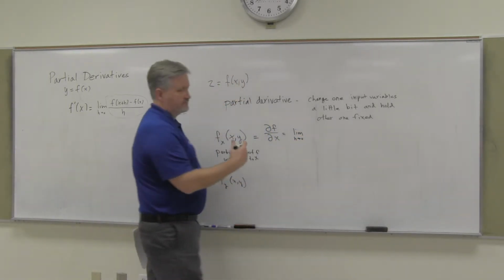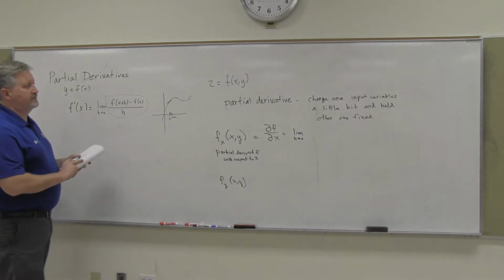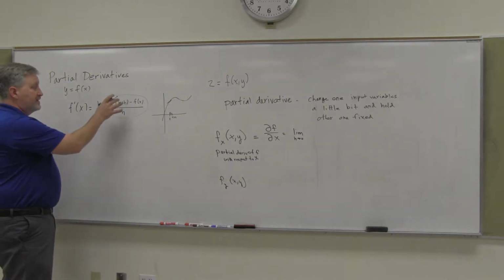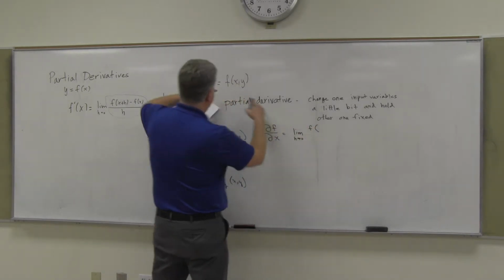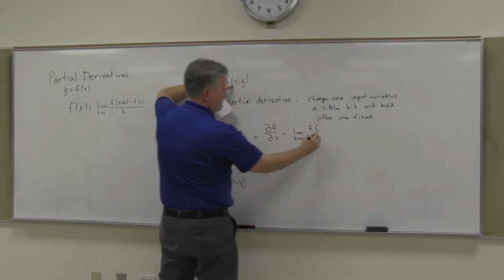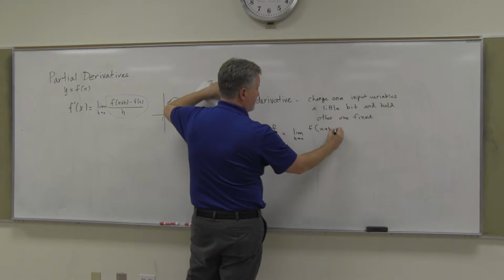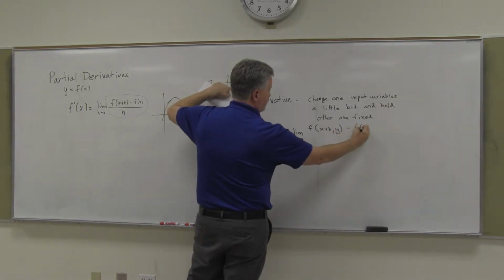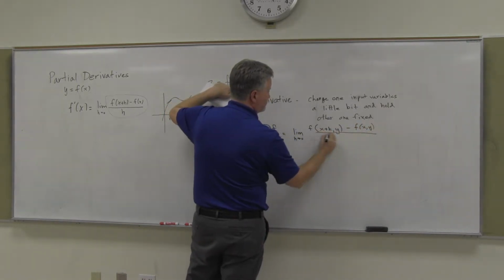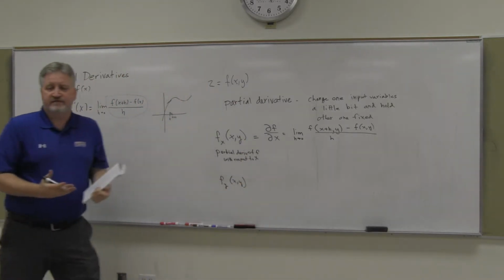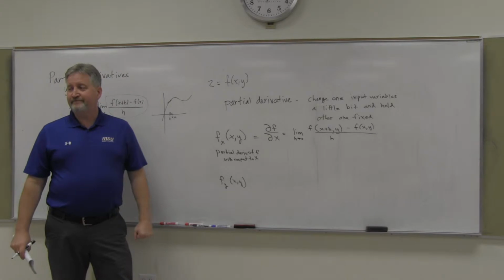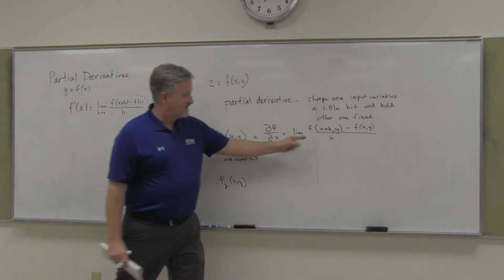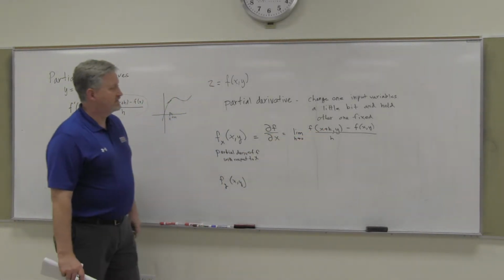When I do my definition, it's the x that's changing a little bit. So the limit of f of x plus h, comma y, minus f of x, y over h. It's still the same basic definition; we're just changing the x a little bit, so the h approaches 0 on the x's.